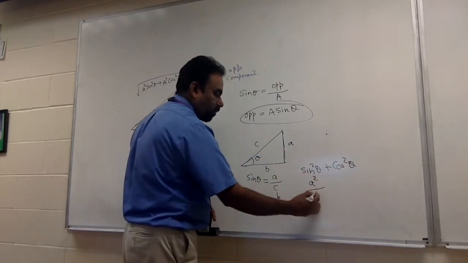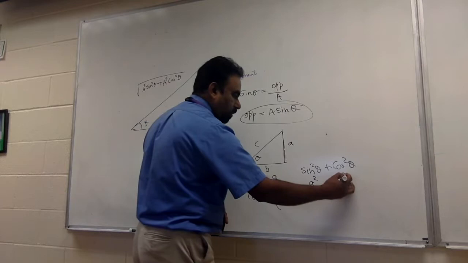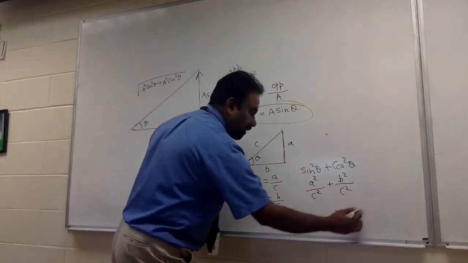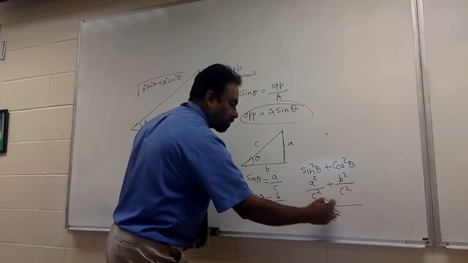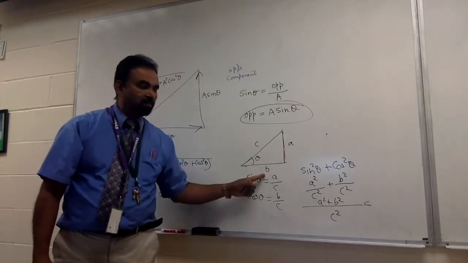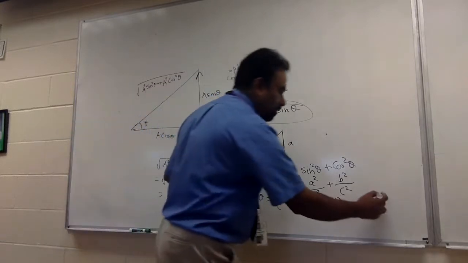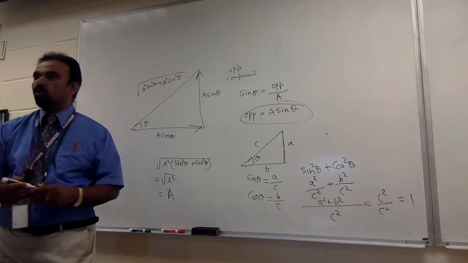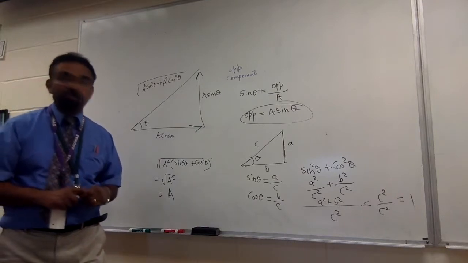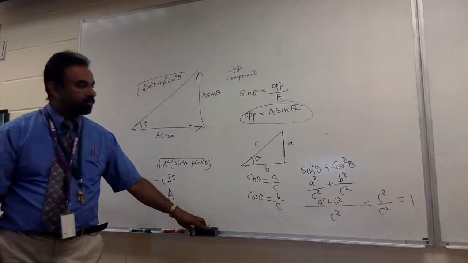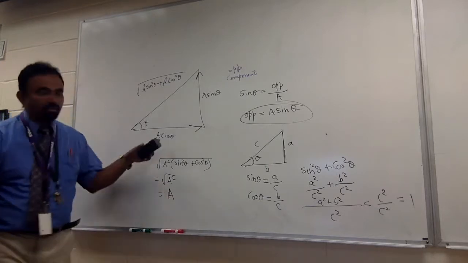It's A square over C square plus B square over C square, right? So common denominator, A square plus B square. What is A square plus B square? C square. So C square over C square. Okay, so that is why sine square theta plus cos square theta is equal to 1. There's the proof.